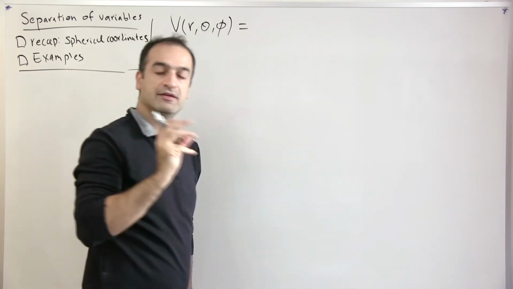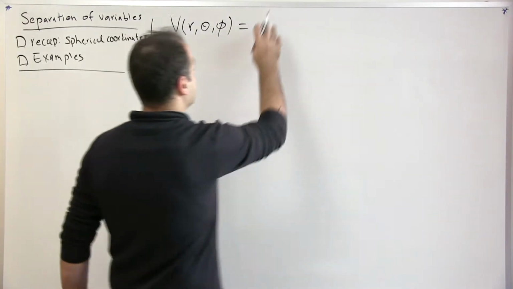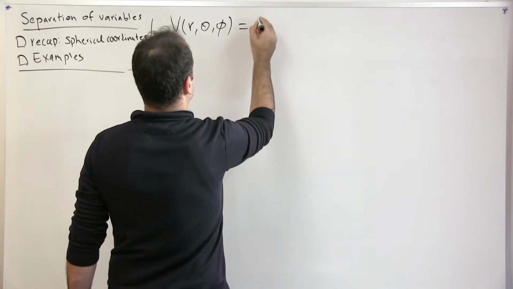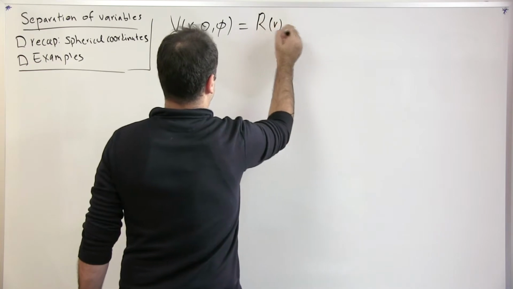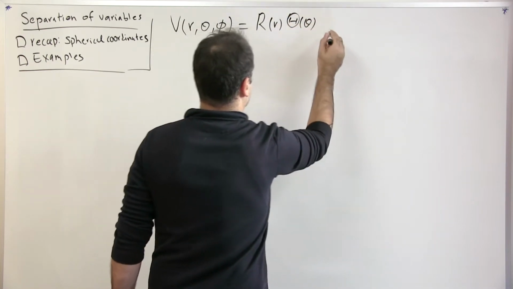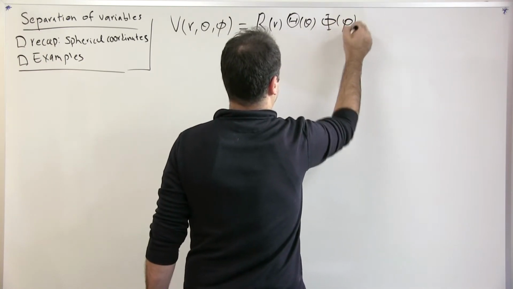So we basically look for solutions that can be separated into different functions, each function being a function of only one single variable. So in this case, R of r, Theta of theta, and Phi of phi.